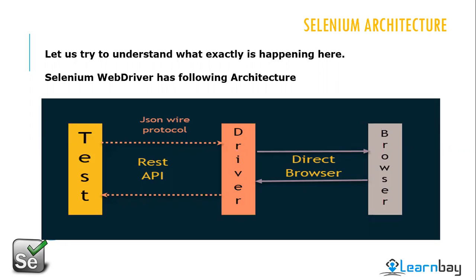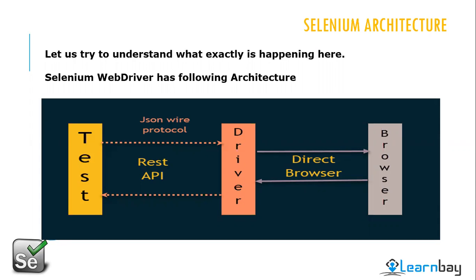When you start interacting with your Selenium WebDriver instance, it launches a REST API endpoint, which listens to all the events that a test is firing at it. And the test fires them using something called JSON wire protocol.